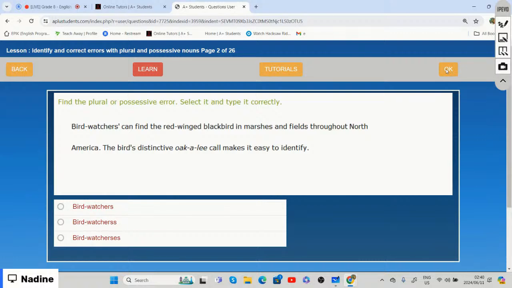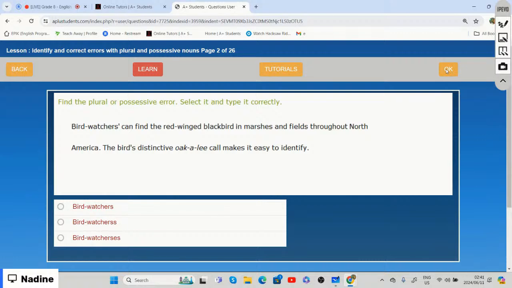Which means that we only add an s or we add an es to show the plural form of that word. And then we said when it comes to a possessive noun, right, then we add an apostrophe and s or just an apostrophe to show the possession because now we show either who owns something or who has something.